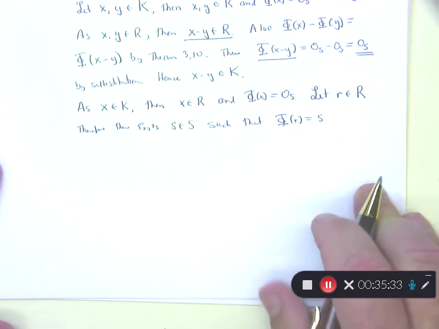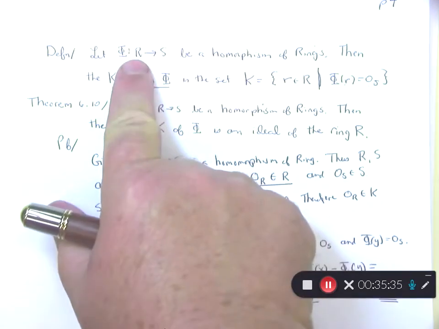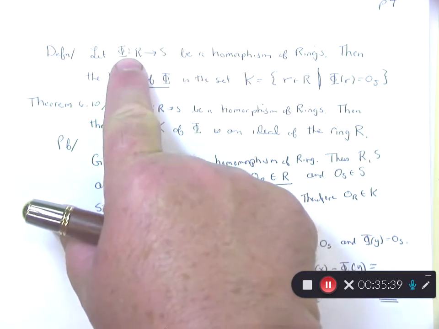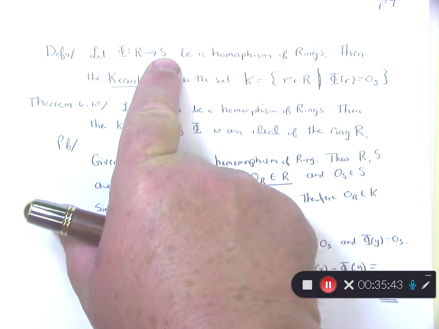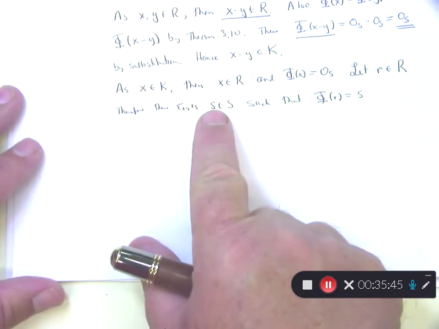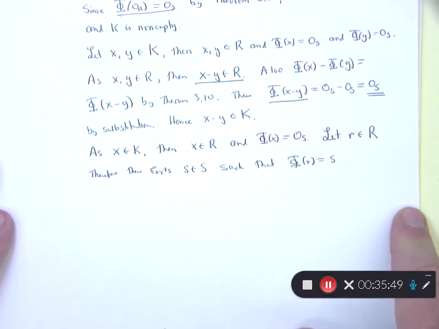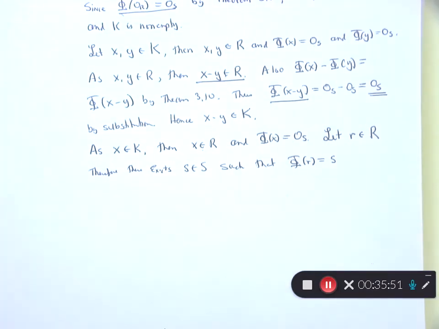Remember, phi is a homomorphism. It takes elements from ring R to ring S. So if you're an element of ring R, if you apply phi to you, you're going to be mapping yourself over to ring S. So I'm going to let little s be an element of big S such that phi of r equals s. Now let's talk about the product.